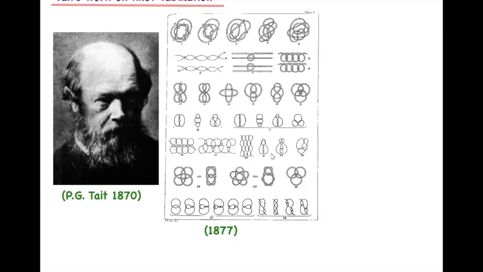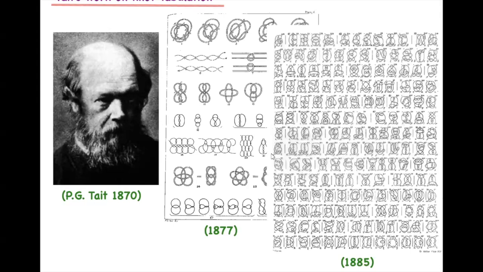And this is the first knot table. You probably know very well about this, with the interesting features already there. And this is the last work that he published. He went up to 10-crossing tabulations in 1885.